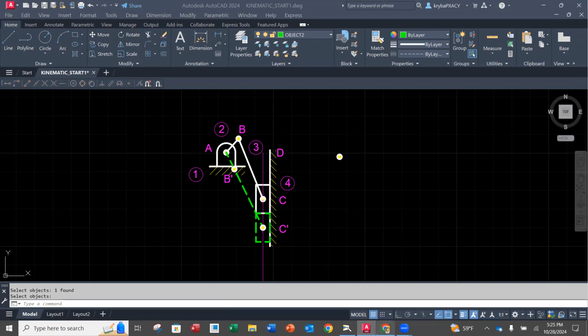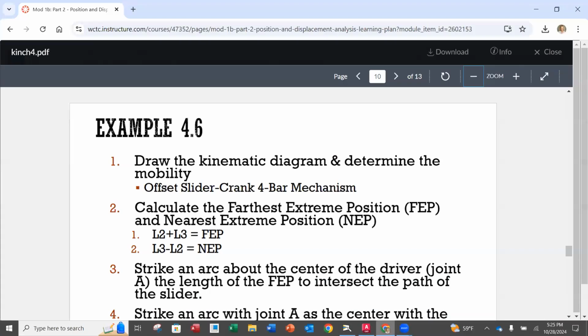So now we are going to go back to our PowerPoint where we have L3 minus L2 for the nearest. And this is why, Chris, we can't have L2 longer, because for this to work out, we would get a negative value otherwise. So in this case, our L2, we're going to subtract from the length of L3.